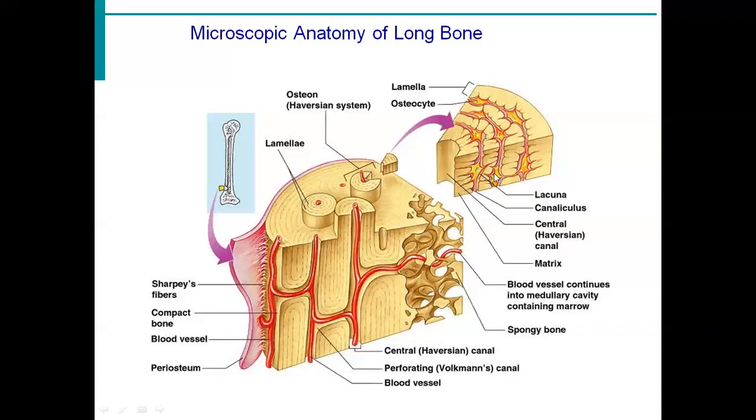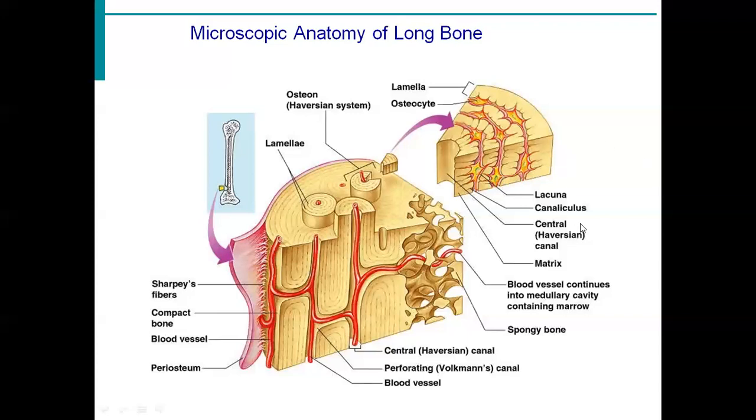Each of the osteocyte is entrapped. After entrapment of the osteocytes within the lacuna, a spread of network is developed in between two lacunae, which are called canaliculi, in single canaliculus.